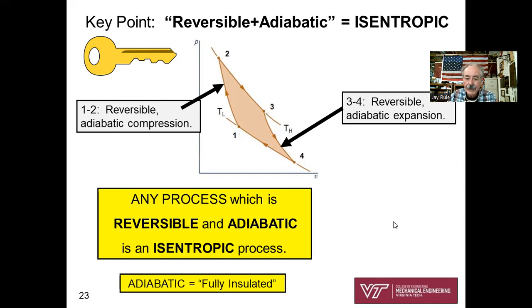Any process which is reversible and adiabatic, not either or, but and: reversible, no friction, no unrestrained expansion, and adiabatic, no heat transfer, okay? is called an isentropic process, constant entropy process. Adiabatic means fully insulated. Adiabatic means fully insulated.